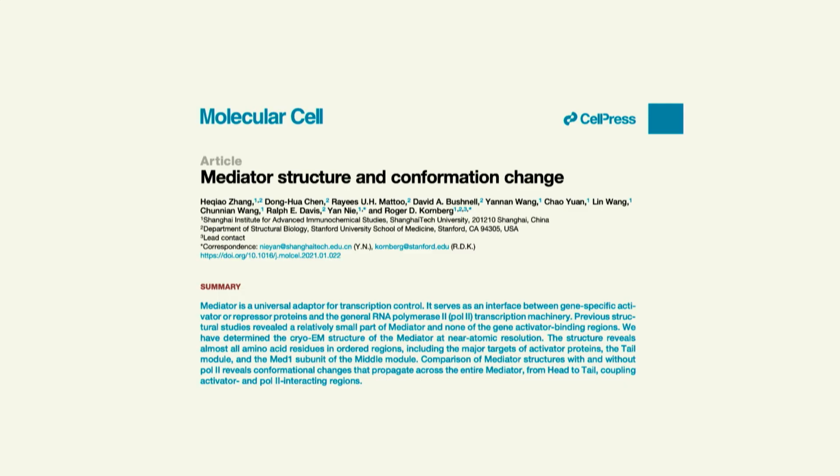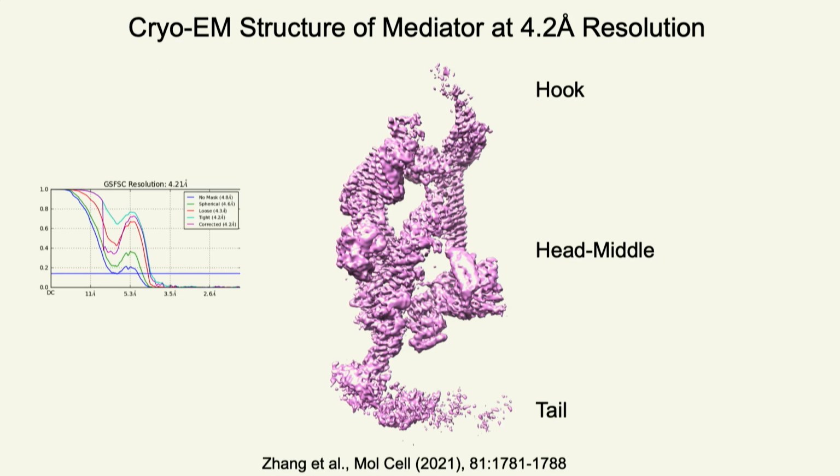A few years ago, we published a paper in Molecular Cell on the Mediator structure. In this paper, we used single particle cryo-EM to determine the Mediator structure at near atomic resolution. This is the cryo-EM structure for the Mediator at 4.2 angstroms. We used close to 1 million particles for this structure.